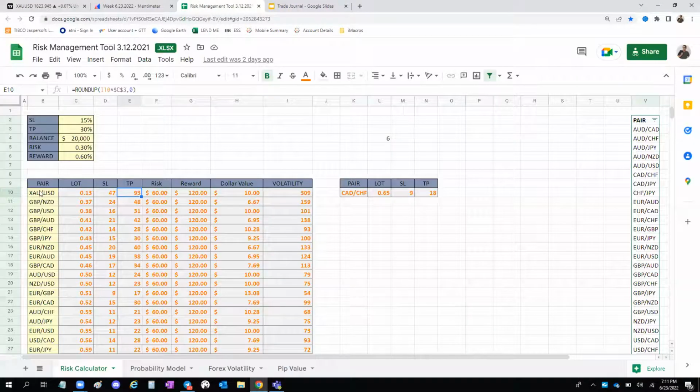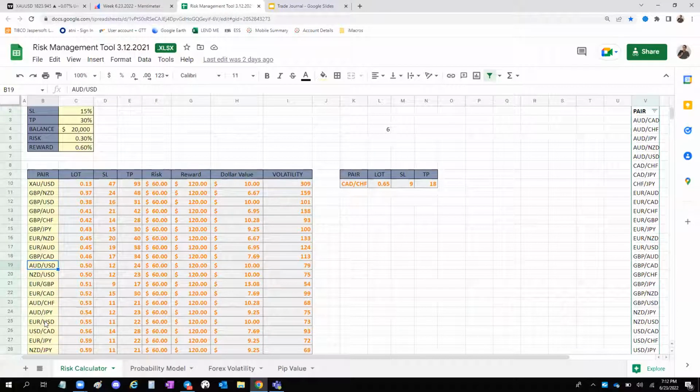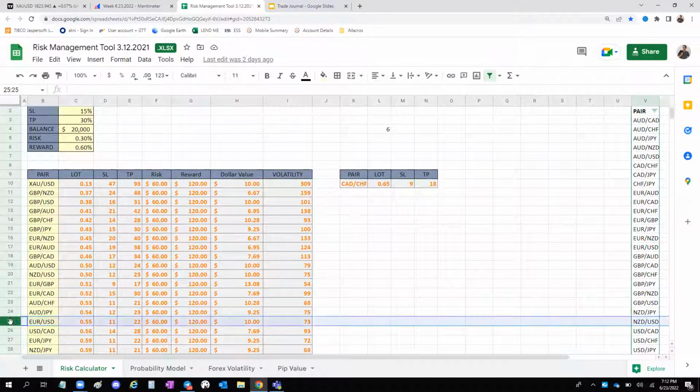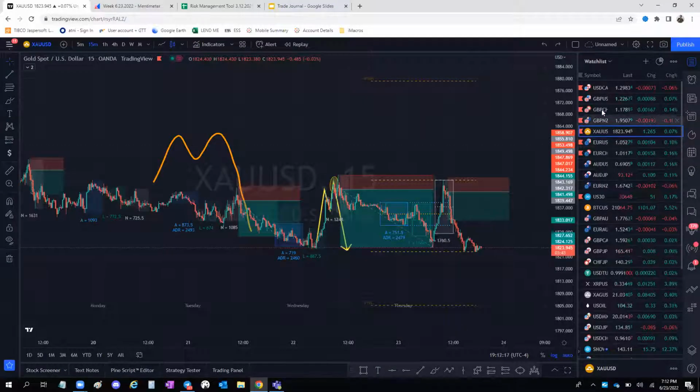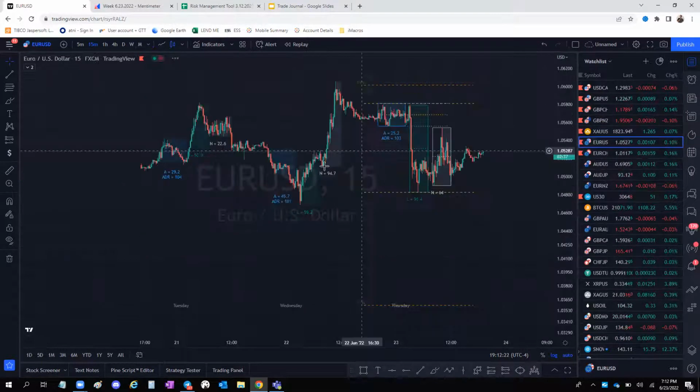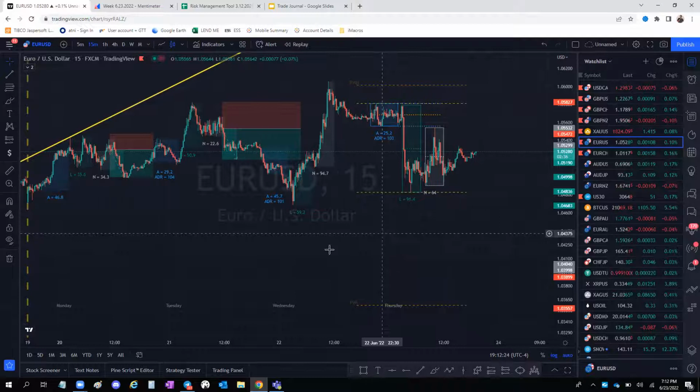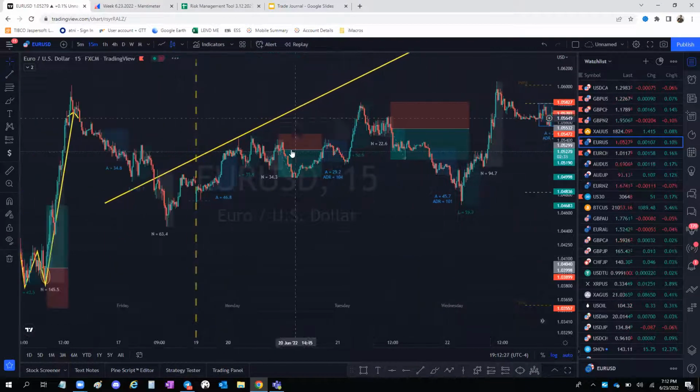Another example, let's see, Euro USD. Where is Euro USD? Euro USD, right? So for Euro USD, acceptable risk is 11 pips stop loss, 22 pips take profit, and the lot size is 0.55. So you go to Euro USD. Let's do this example here, right?